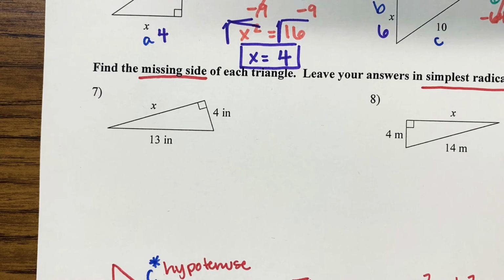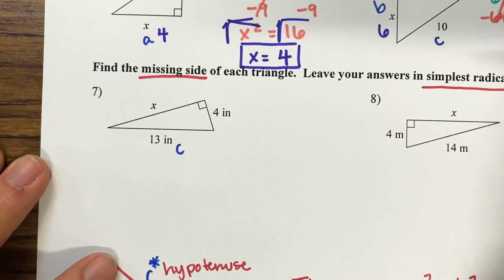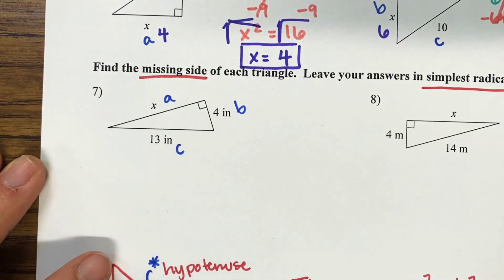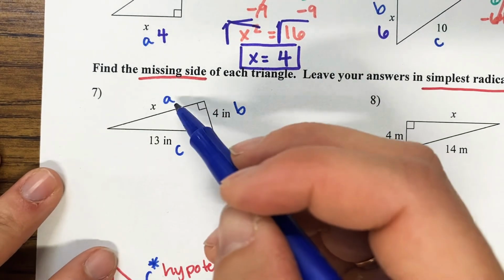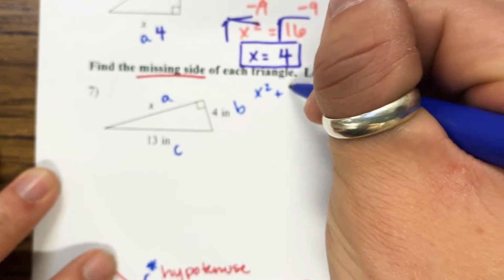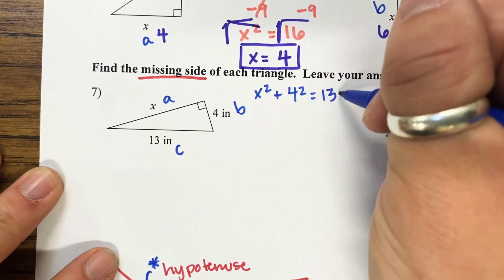First thing, let's just identify our A, B, and our C. Okay, so C has to be across from our hypotenuse. I'll make x my A and 4 my B. Okay, A squared, so x squared plus B squared equals C squared.